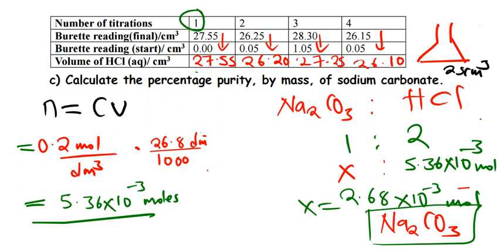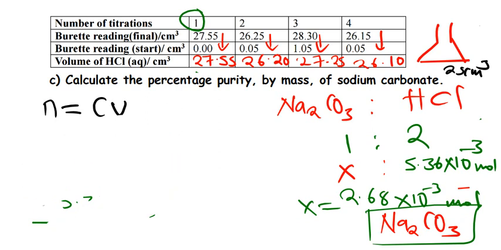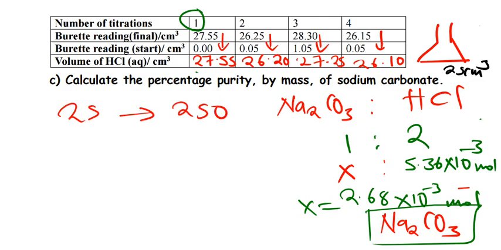Now, how do we find the number of moles present in the 250 cubic centimeters? I think it's just a basic ratio. If you compare 25 to 250, that's 10 times, right? So whatever you have in 25 cubic centimeters should be 10 times in the 250. So this 2.68 times 10 to the power negative 3, you can just multiply by 10. If you want, you can draw the ratio like I have. But at the end of the day, you're just going to multiply by 10 because it's 10 times.